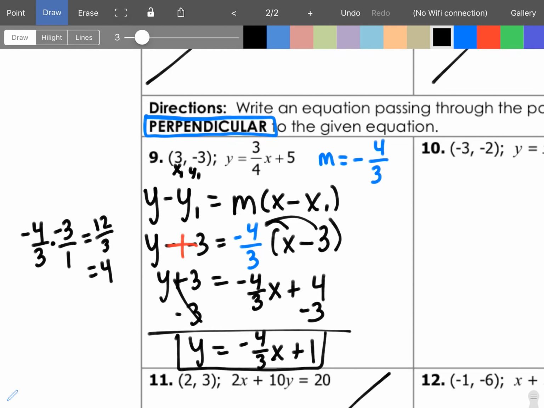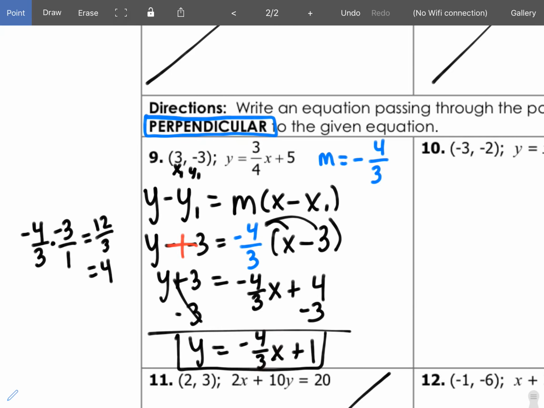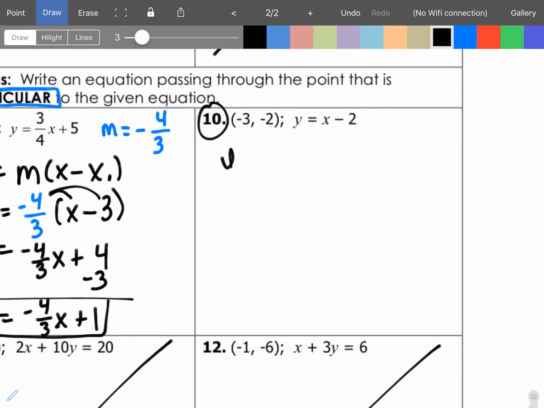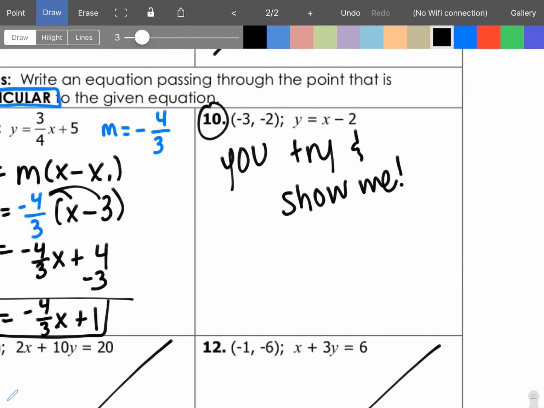Positive 1. Okay. Is this perpendicular? Yes. Look at my slope. My slope is negative 4/3. My original was 3/4. This is negative reciprocal to my original slope, so it is perpendicular. Okay, you guys try number 10 and show me.